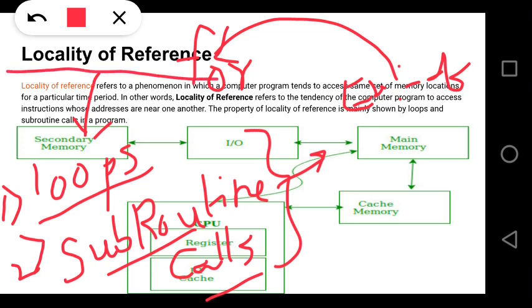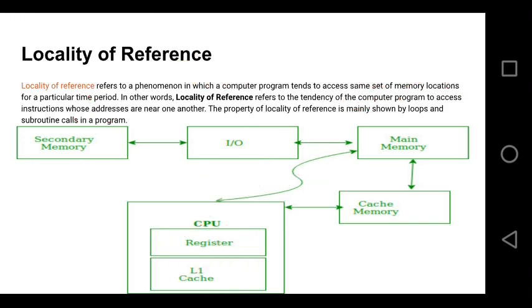So why are loops and subroutine calls called locality of reference? Let's take one loop and try to understand the importance of locality of reference.